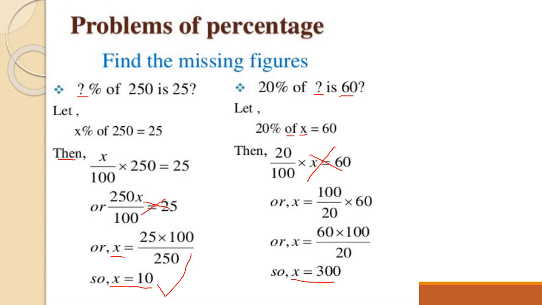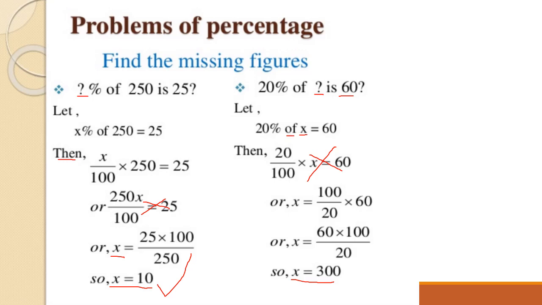So 20%, let's change into a fraction. It will be 20 upon 100 multiplied by x, because we use multiplication there, is equal to 60. We do the cross multiplication. Okay, so x is equal to 100 by 60 divided by 20.